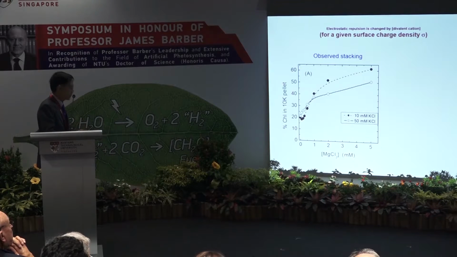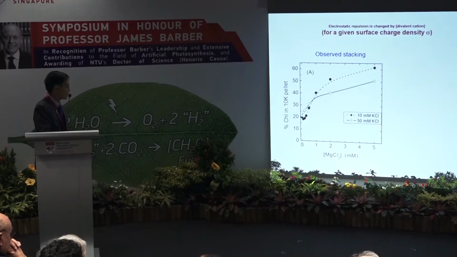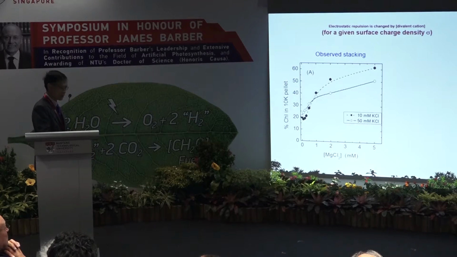And this is confirmed by measurement of chlorophyll fluorescence, which was done in the presence of DCMU, basically monitoring the extent of spillover of excitation energy from photosystem 2 to photosystem 1. So it's a real effect that we observe, crossing over of the two curves.